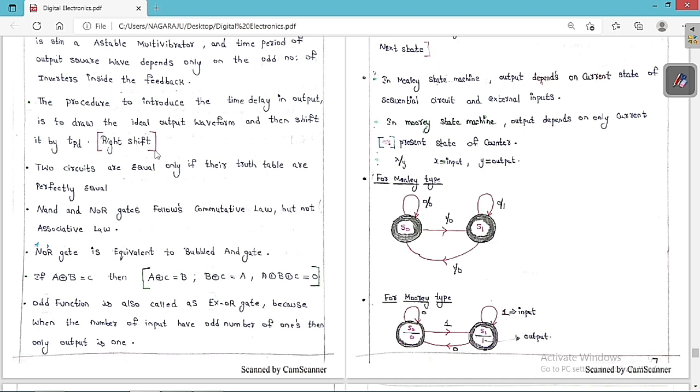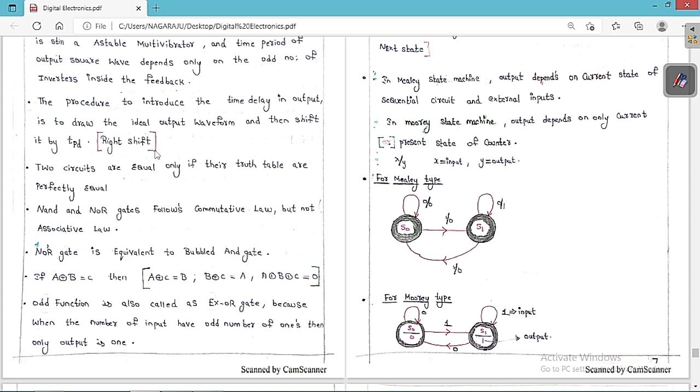I already told you one important point. First, you always have to draw the ideal output waveform, and if you want to introduce a delay in output, then you have to shift the output waveform by a small amount of time delay, a right shift by TPD.